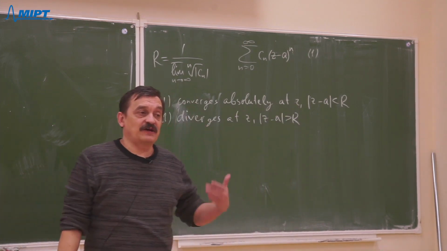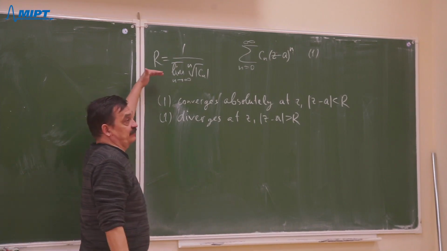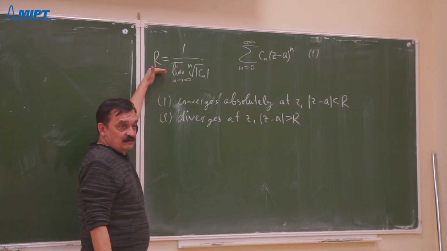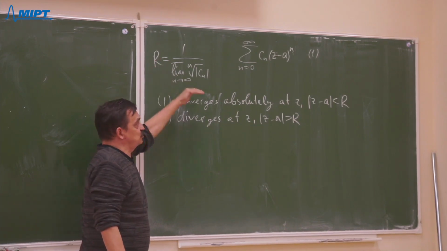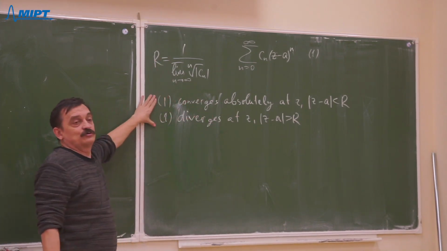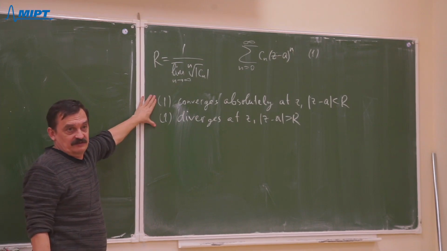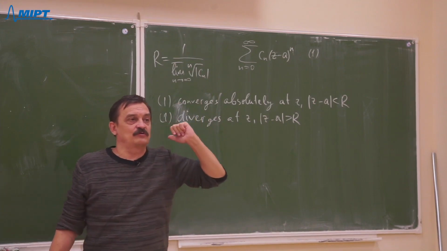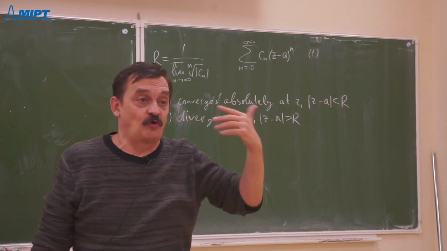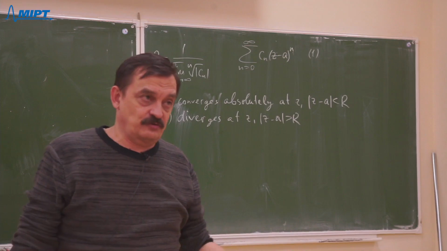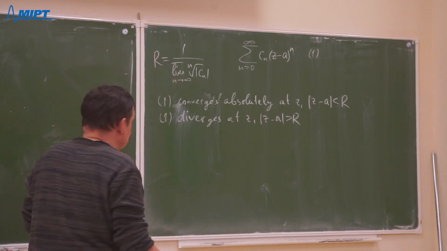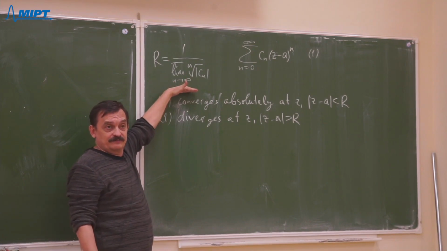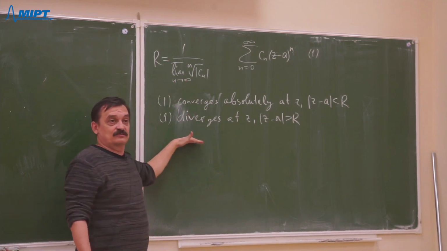So, in fact, there are two ways to define radius of convergence. One way, you define r as such a number that the following two properties are satisfied. After that, you prove that r is indeed given by that formula, which is called Cauchy-Hadamard formula. Another way, like I did in lectures, that is the definition, right? And then this is Cauchy-Hadamard theorem.